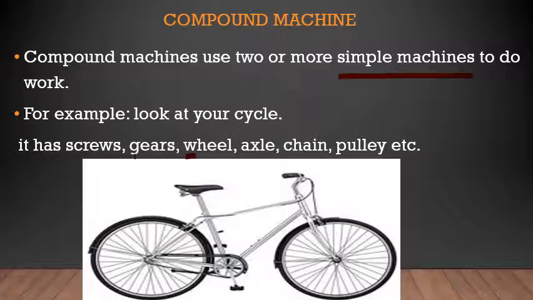This is the simple way to understand the difference between a simple machine and a compound machine. The example for simple machine is inclined plane and pulleys. Examples for compound machines can be a cycle or a phone that you're using every day.